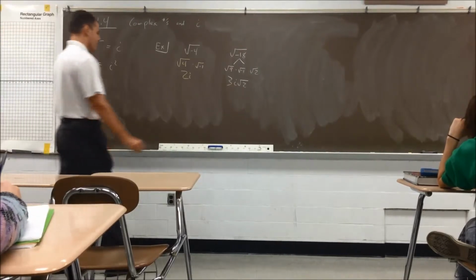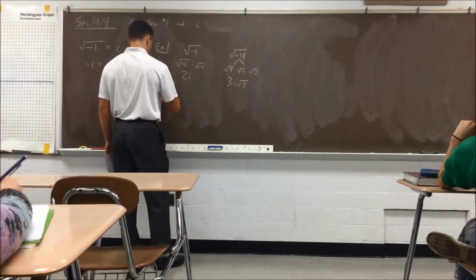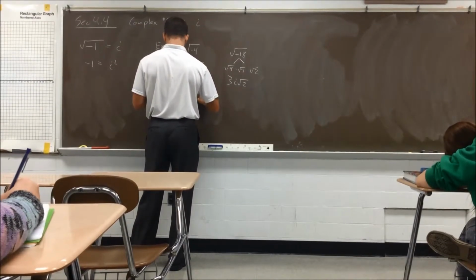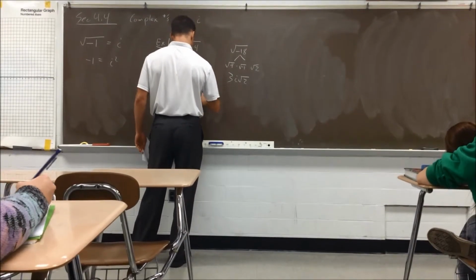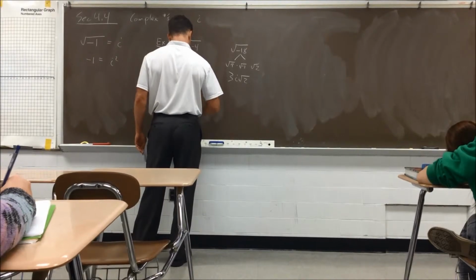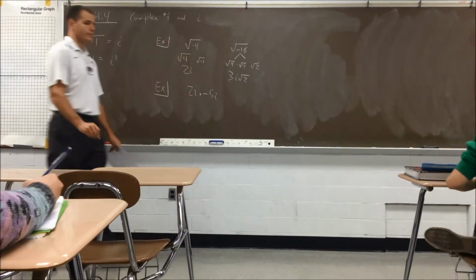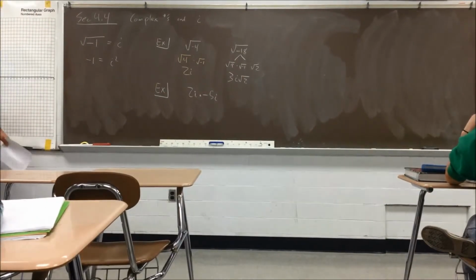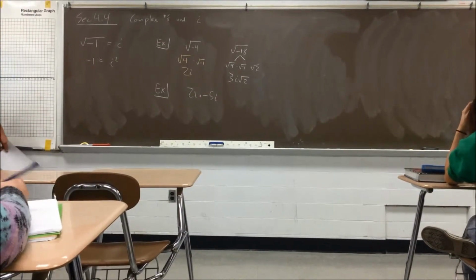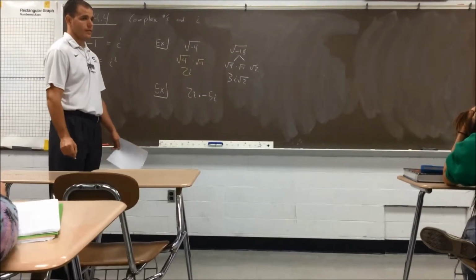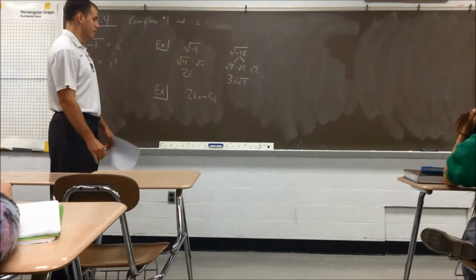If Mr. Kuhne were to give you the following: 2i times -5i. Any guesses what that's going to be? -10i squared.